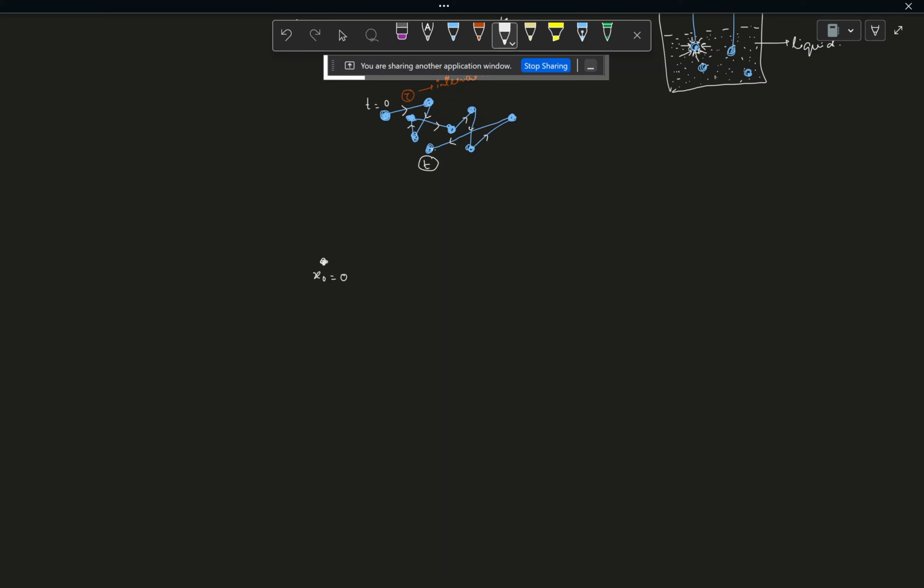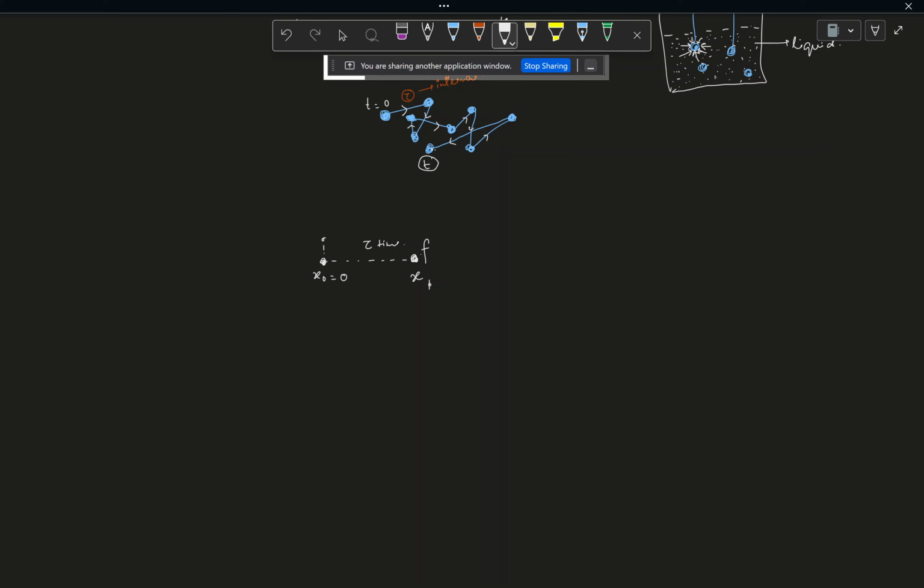Now you start from here with your colloidal particle, and then after tau interval you see that the particle has moved up to this position. So this is in tau interval, and this is the initial position, I, and this is the final position, F. So here it has traveled to a coordinate of x1.